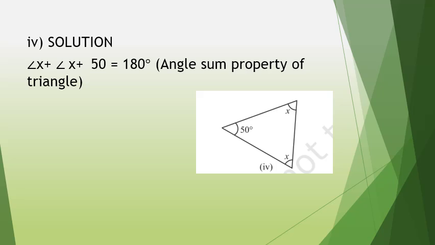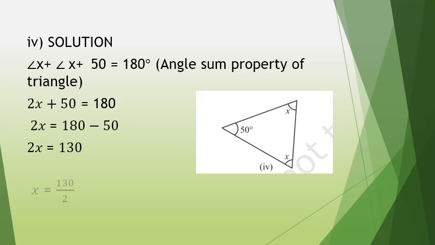So we can write angle x plus x plus 50 degrees equal to 180 degrees. While adding, we get 2x plus 50 equal to 180, or 2x equal to 180 minus 50 equal to 130, or x equal to 130 upon 2 equal to 65 degrees.